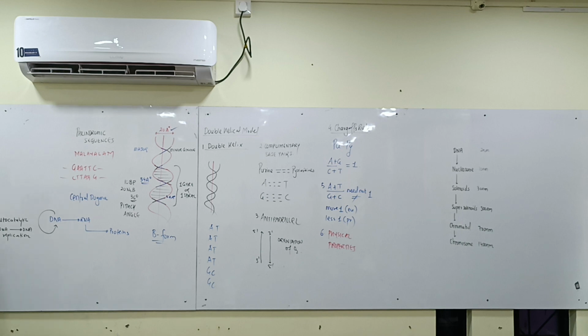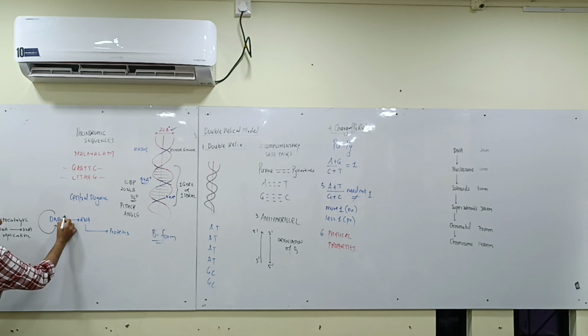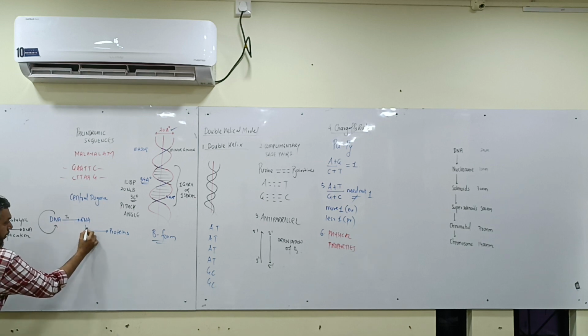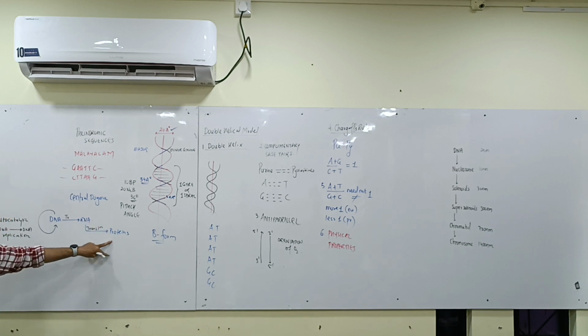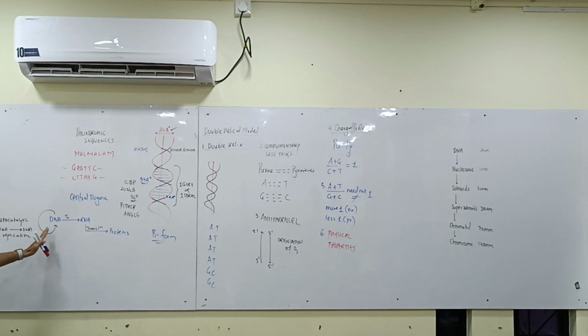The DNA results in the formation of an RNA by a process called transcription, and the RNA results in the formation of proteins by the process of translation. And these proteins are enzymes, and they can once again help in the formation of DNA and RNA. That is how the cellular machinery works.